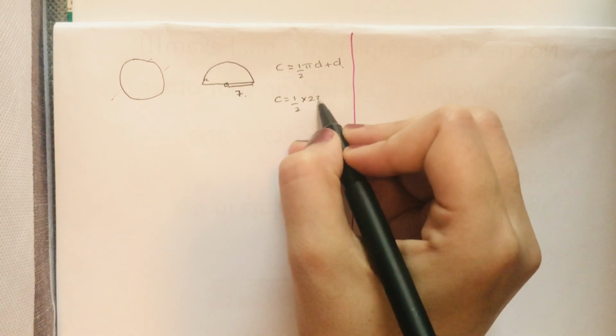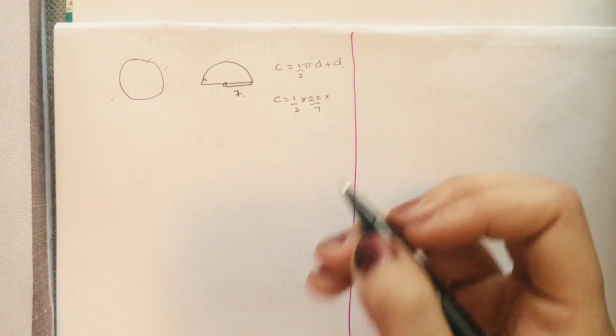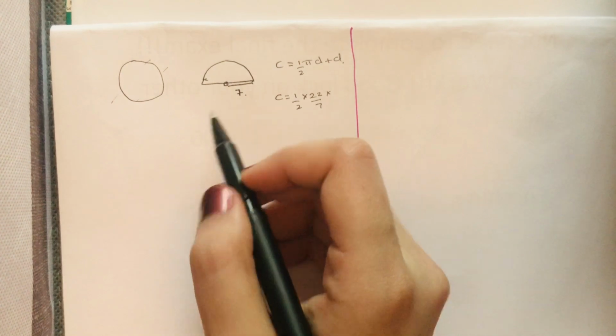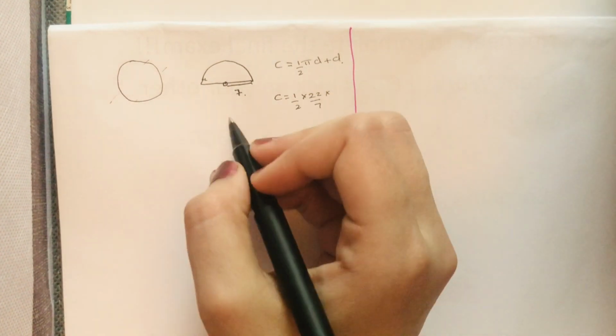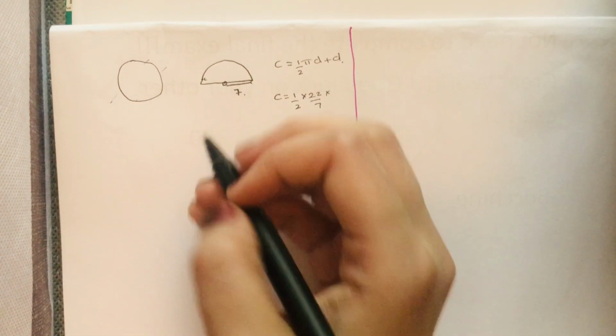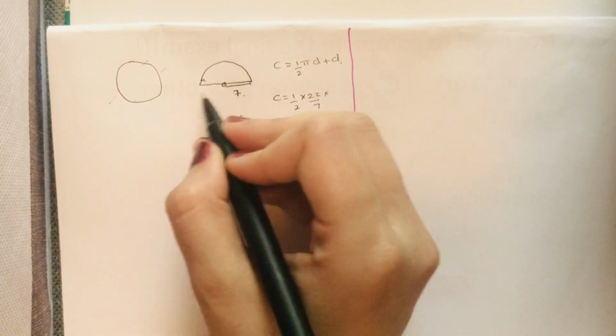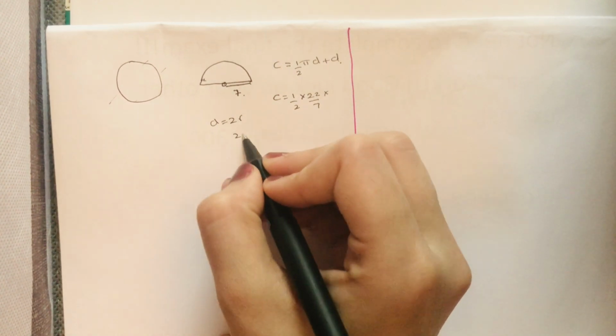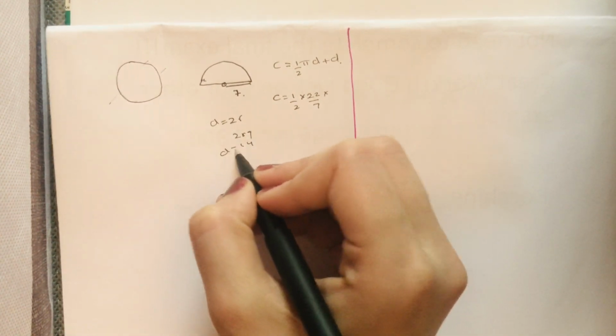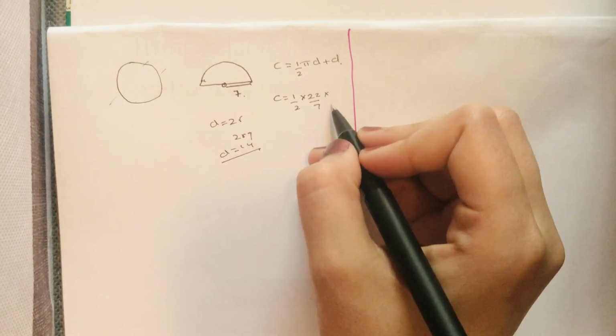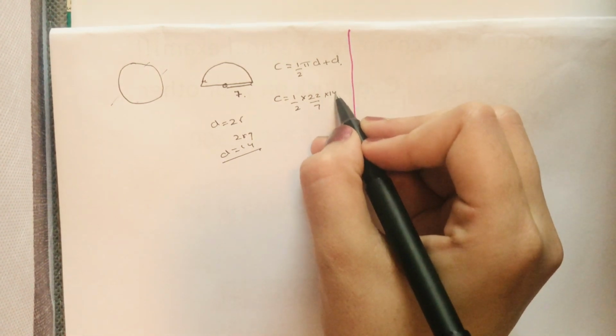So times 22 over 7 times diameter. Now what is the diameter? We have the radius, but we do not have the diameter. But according to the previous things that we learned, the diameter is equal to 2r, right? 2 times 7 is equal to 14. So the diameter is 14. So you can substitute d with 14.